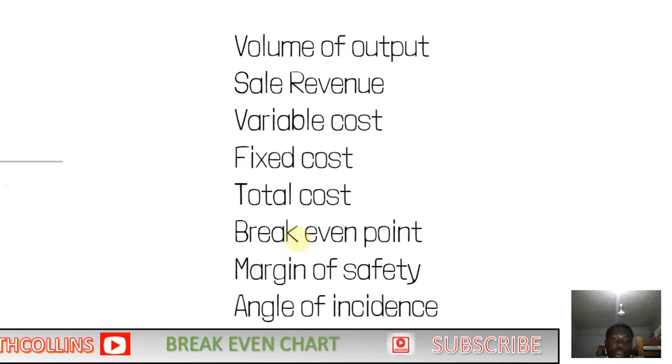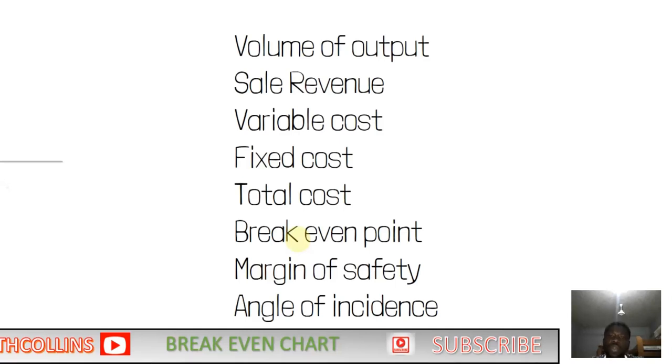But variable cost will depend on the amount of sachet water that I want to produce. So I would have to buy more rubber, assuming I want to produce 10 bags of water. When it comes to the sachet, maybe I would buy 10 pieces, and that would cost me 10 Ghana cedis.